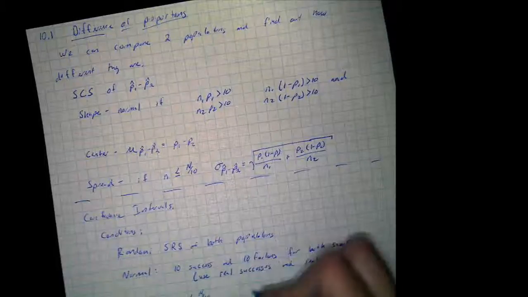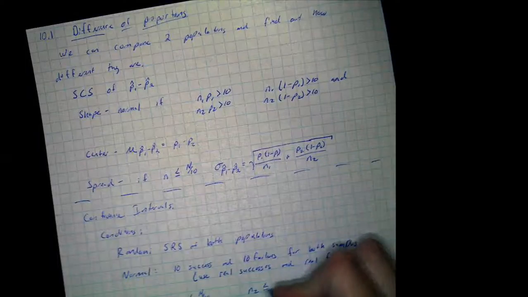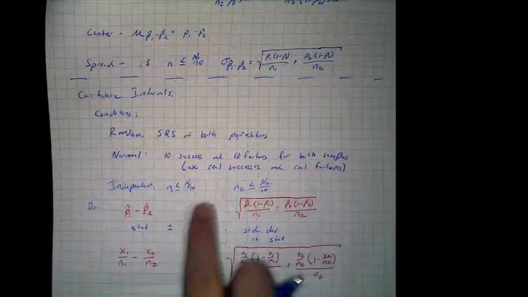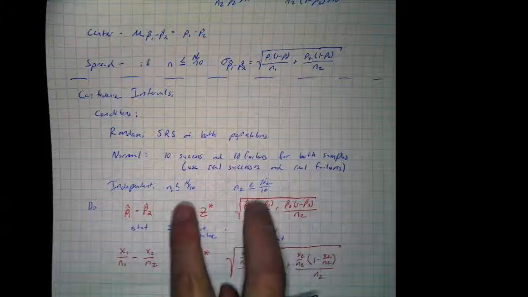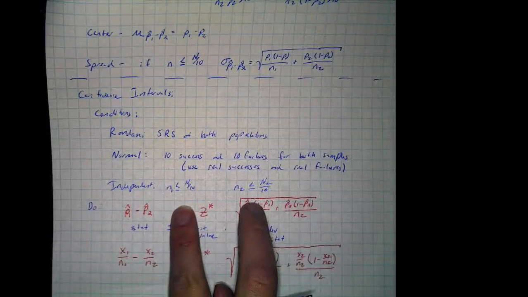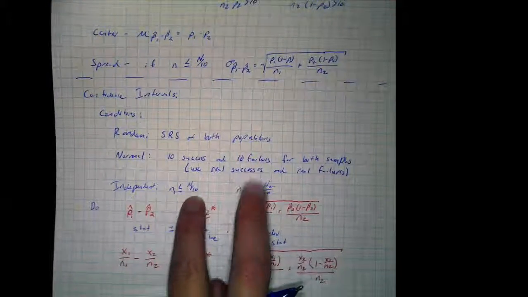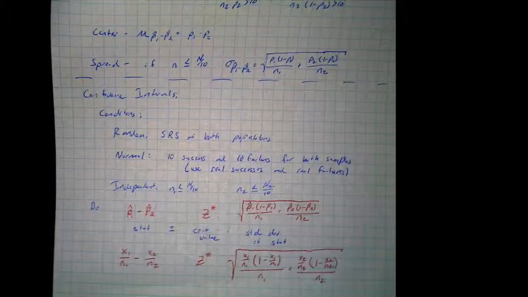Oh, I didn't. Yeah, go back. n2 less than or equal. There we go. So on the other one, sorry, I didn't put 1 and 2 on my independent. So this is on the confidence interval. Made it 1 and 2. Because you got 2 samples, right?